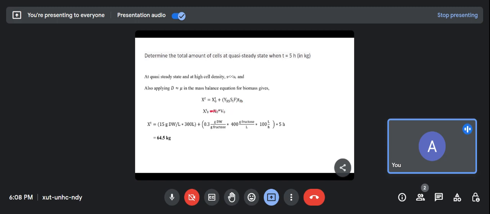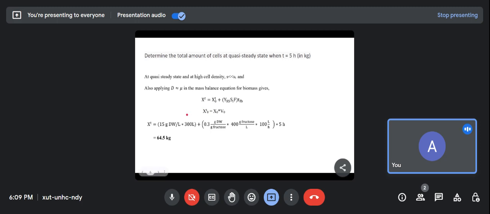And you know that initial biomass at time t equals 0 is equal to x naught into v naught, right? So you have to now input the values, right? So you have expanded this x t, x naught, right?